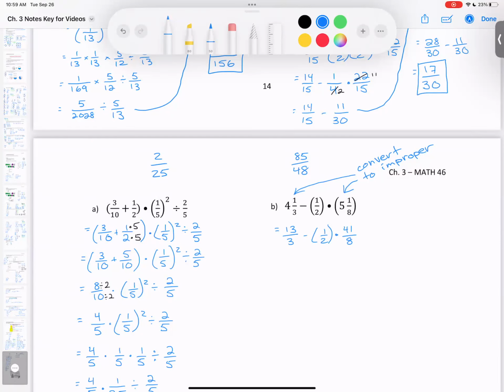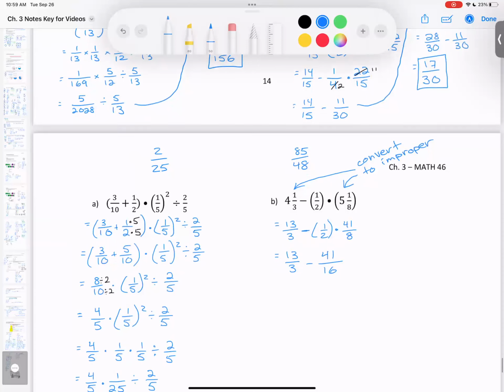And so now I see we have 1 subtraction and 1 multiplication. So we want to do our multiplication first. So can we cross simplify? Not today. So we've got 1 times 41 gives us 41, over 2 times 8 gives us 16.